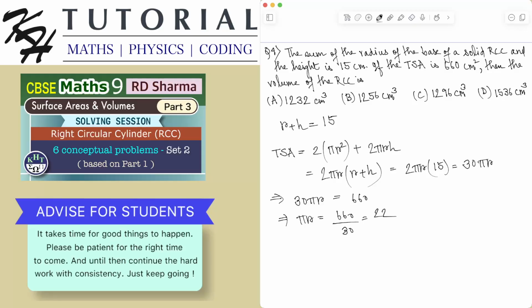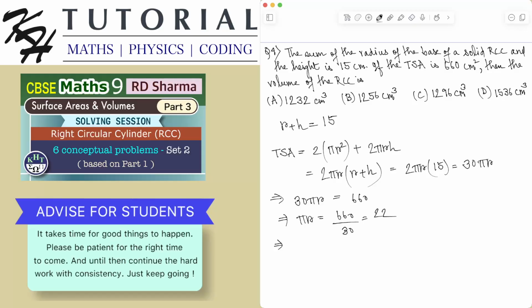Then the volume of the RCC is... the sum of the radius and height is 15 centimeter. Okay, fine. Now let me see.